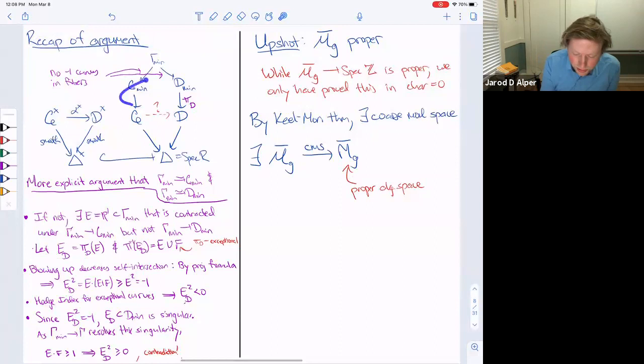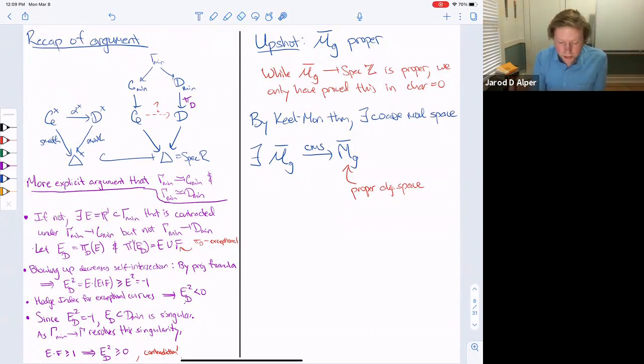We start by taking these minimal resolutions, and then we dominate them by a minimal resolution of the graph. One can show directly that gamma min maps isomorphically to C min and to D min.